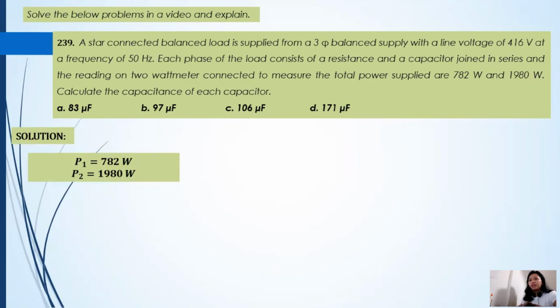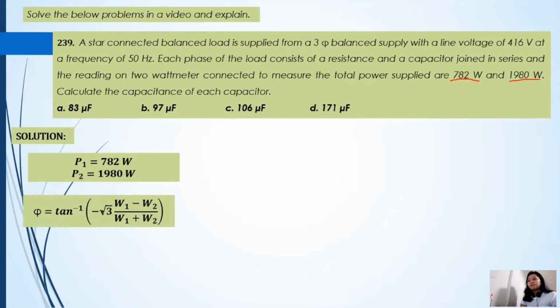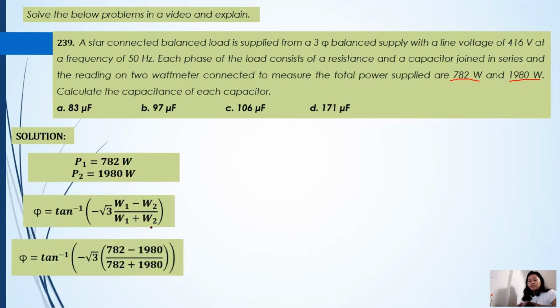So the P1 here is 782 watts. Then our P2 is 1,980 watts. So the formula for phi is arctan of negative square root of 3 times power 1 minus power 2 divided by the sum of power 1 and power 2. So let's just substitute the values.